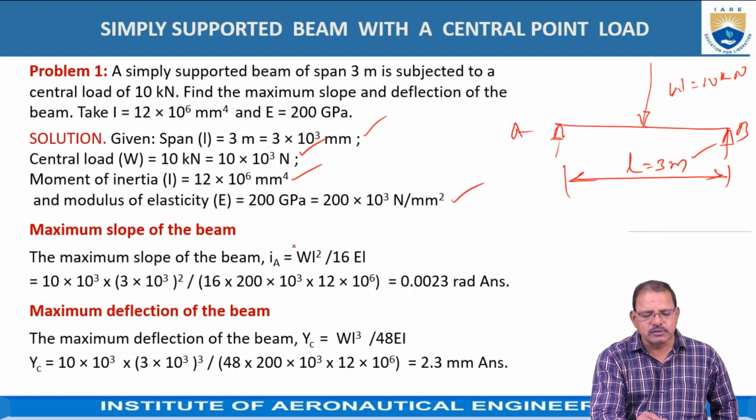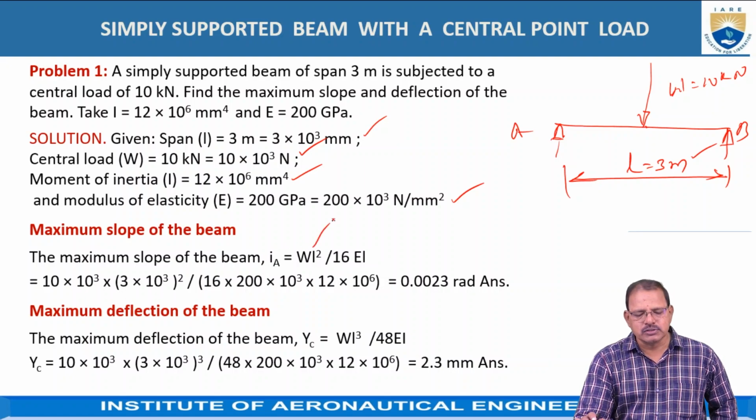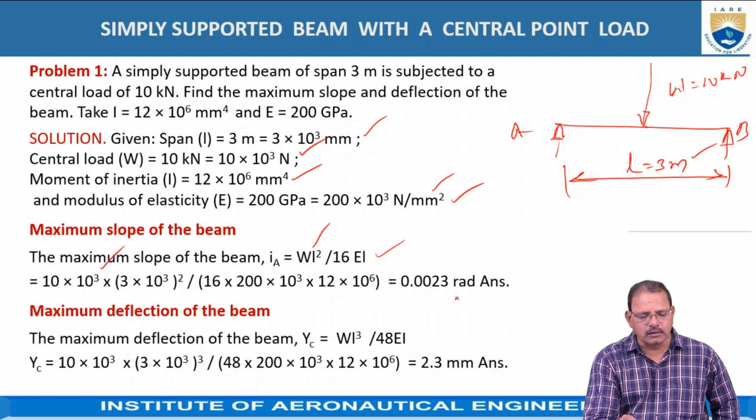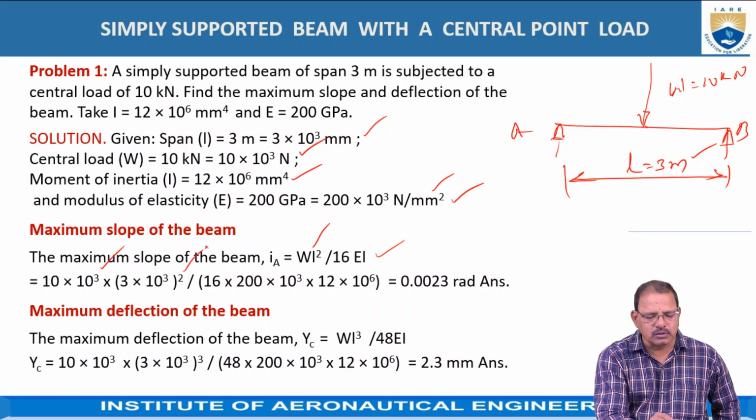So the maximum slope is given by the equation WL square by 16 EI, where W is equal to 10 into 10 to the power of 3 newtons, and L is equal to 3 into 10 to the power of 3, so L square is the whole square.